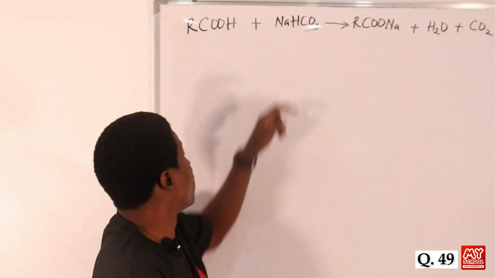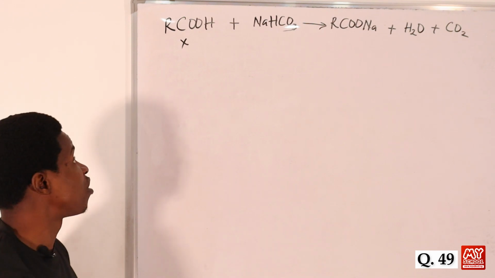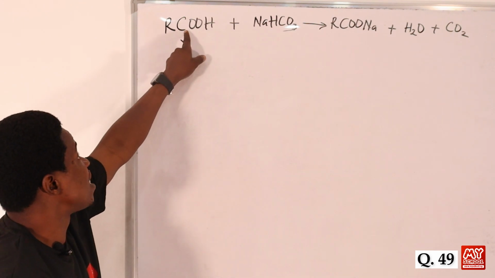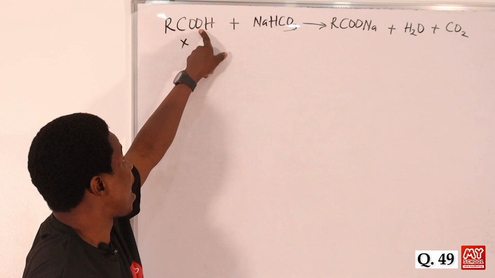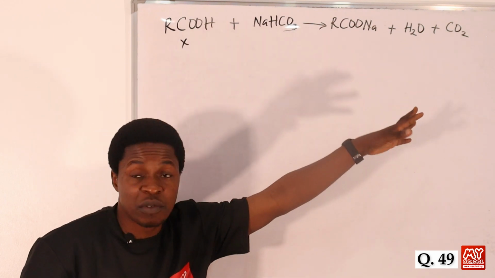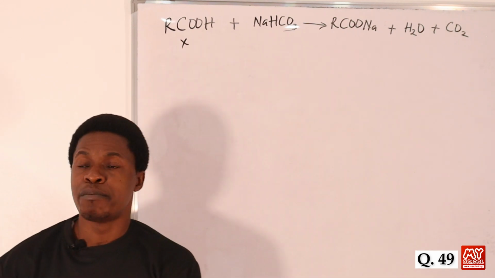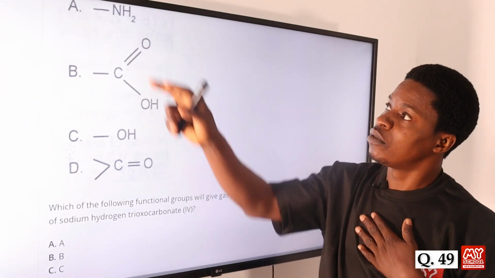So this is what we are looking for. You say which of the following functional groups? So which functional group has, this is the acid now, the carboxylic acid reacting with the bicarbonate to give off carbon dioxide, which when you bring closer to lime water, you can see it turning milky. Let's look at the options. Option A says NH2. Nope.